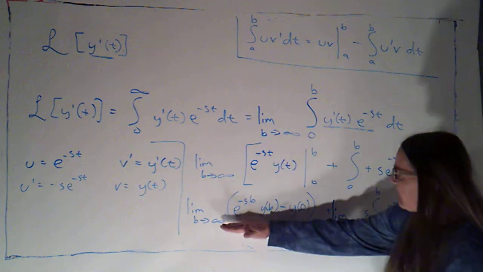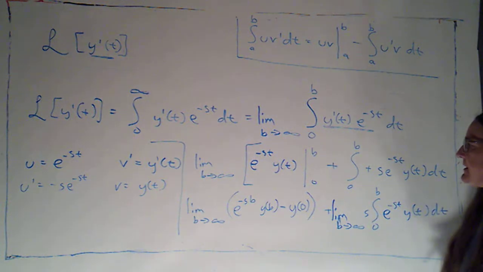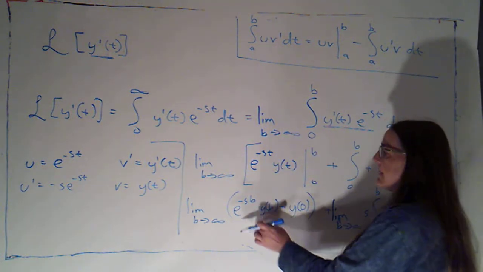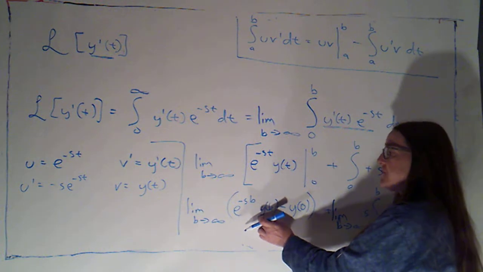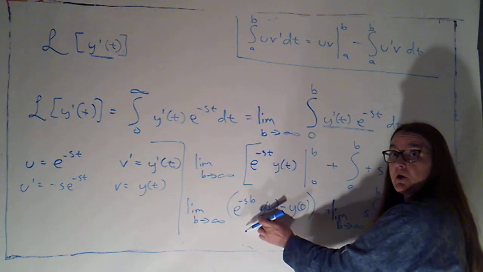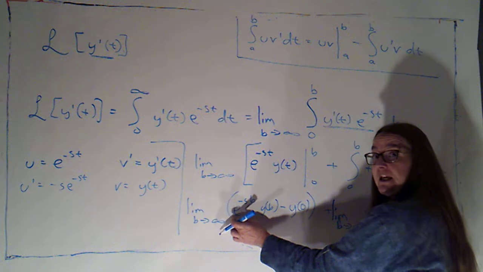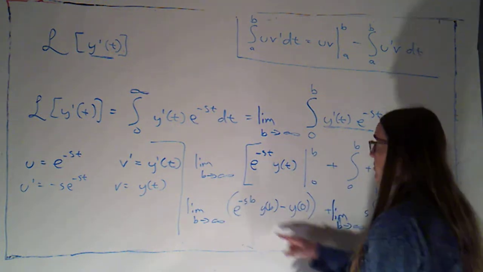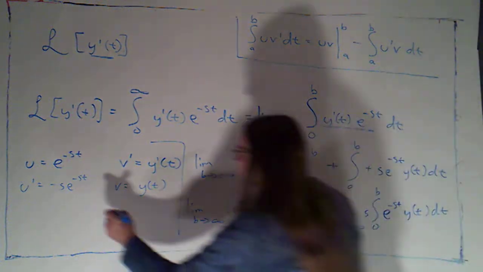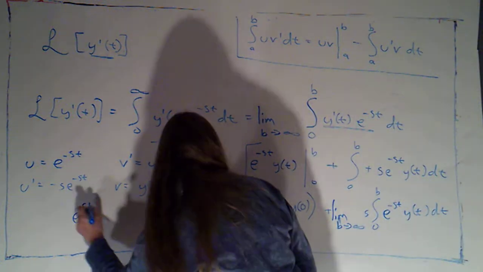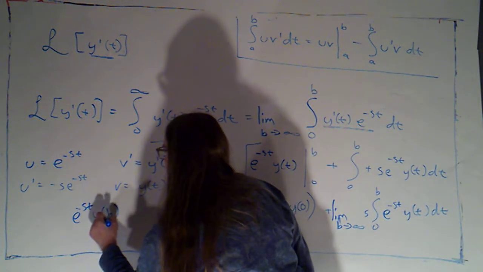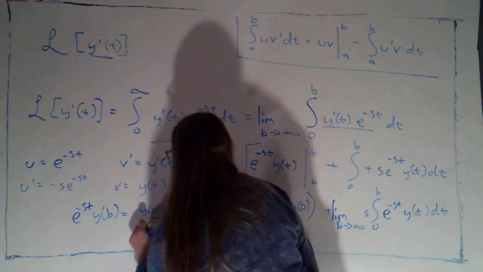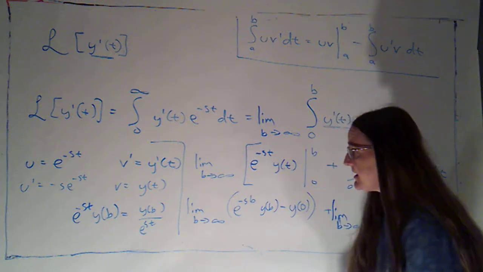So, let's evaluate this limit. Now, remember, we said that this function was going to have no more than exponential growth, so that eventually this term was going to dominate. If I wanted to, I could rewrite e to the negative sb times y of b as y of b over e to the sb.